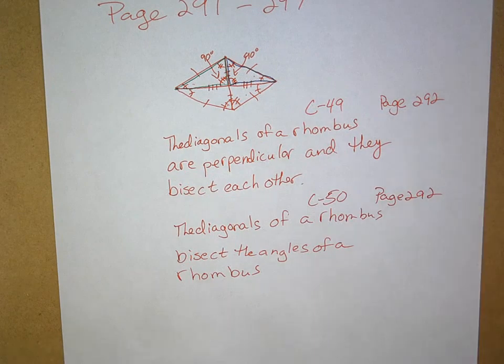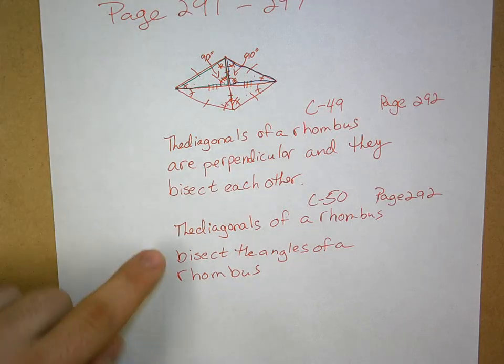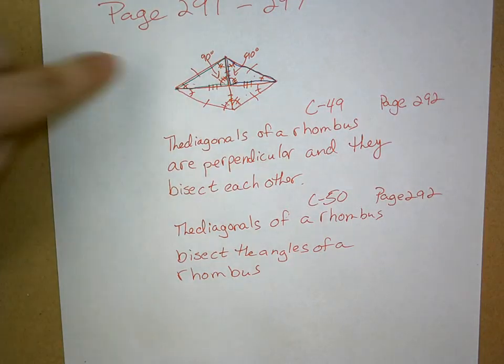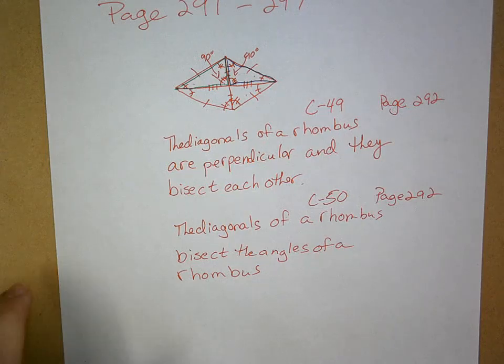I'll give you a second to copy those down. Okay, so in review, the diagonals of a rhombus are perpendicular bisectors of each other, and also the diagonals of a rhombus bisect the angles of the rhombus.